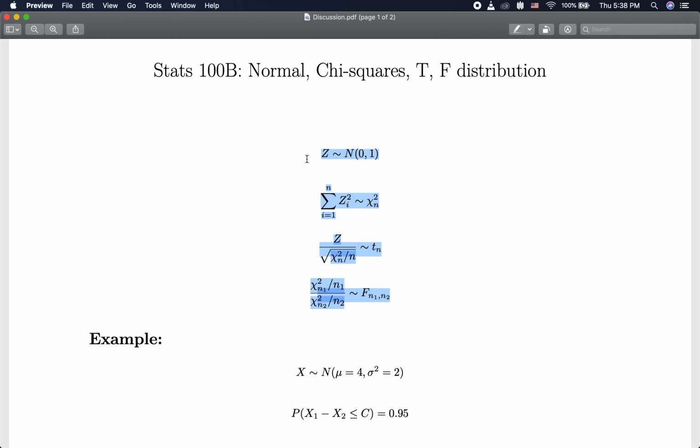So here is the definition of these distributions. One important rule is that everything, the numerator, the denominator, or all the copies, have to be IID in order to construct the corresponding normal, chi-square, T and F distributions.